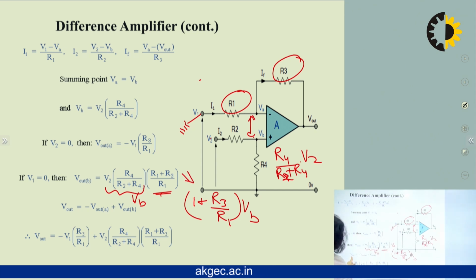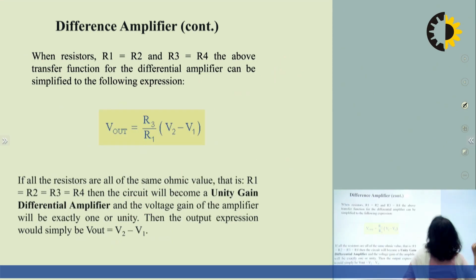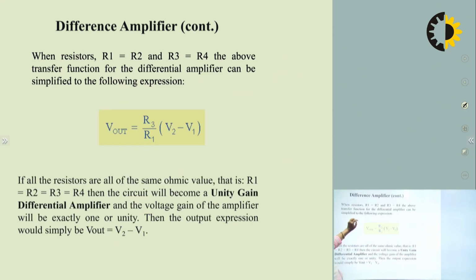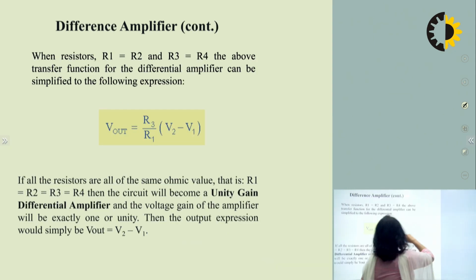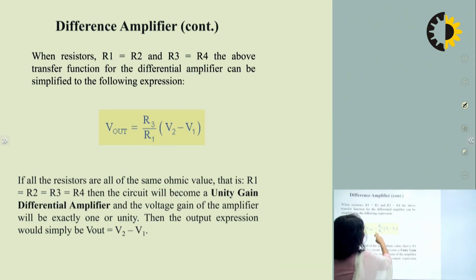Okay. So here V output will be equal to the addition of these two voltages: V output A, that is this value, and V output B, that is this value. Putting these two values in this equation and solving it, and here we have assumed that R1 is equal to R2 and R3 is equal to R4, then we get this output, that is R3 by R1, or instead of R3 we can use RF, the feedback resistance.